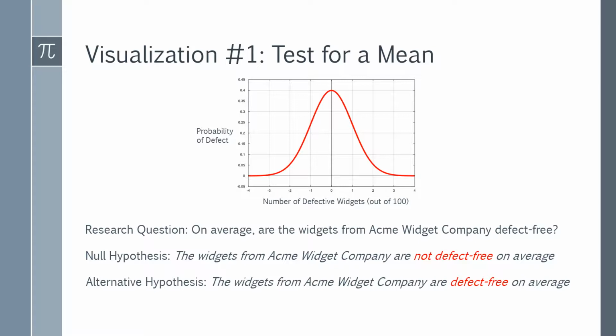Our null hypothesis in this problem is that the widgets from the Acme widget company are not defect free on average, and the alternative hypothesis is that the widgets from the Acme widget company are defect free on average. So we're going to run the test and decide whether to reject or accept the null hypothesis.